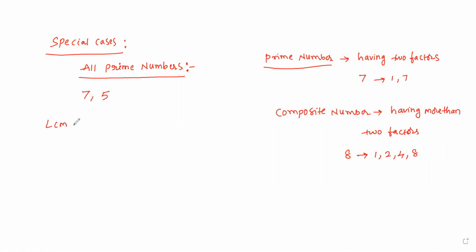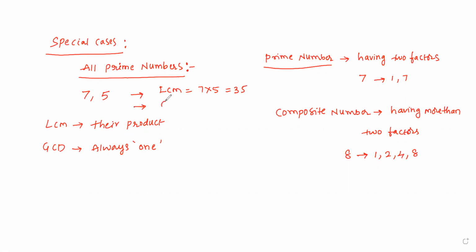LCM becomes their product, simply their product. And GCD always becomes 1. So simply we can say that LCM is 7 times 5, that is 35, and GCD is 1.